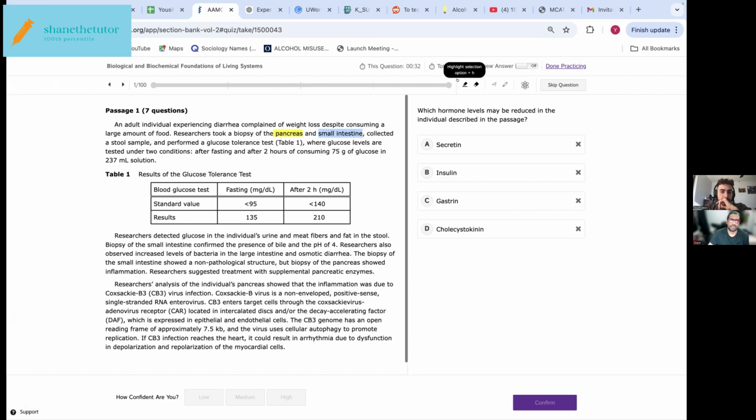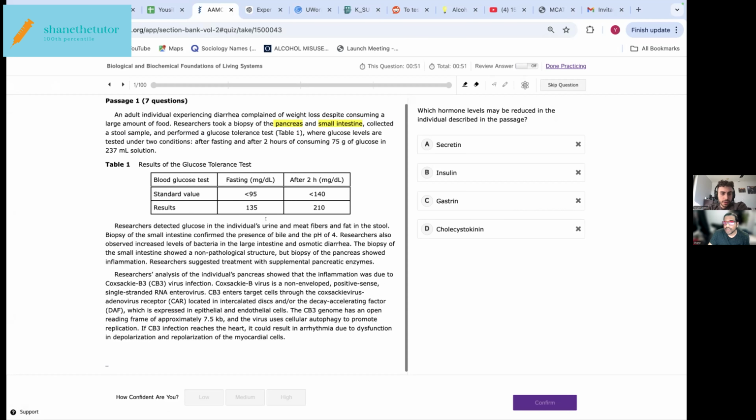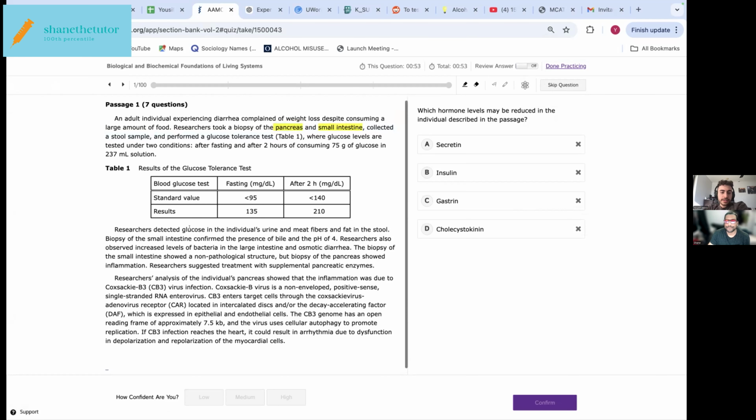They then collected a stool sample and performed a glucose tolerance test where glucose levels are tested under two conditions: after fasting, and after 2 hours of consuming 75 grams of glucose in a 237 ml solution. These were the results. Researchers detected glucose in the individual's urine.